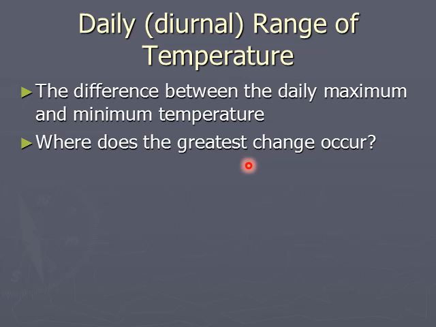So this question is: where does the greatest change occur in daily temperatures? The answer would be on land. The low specific heat, so the temperature can be raised much quicker and lowered much quicker.